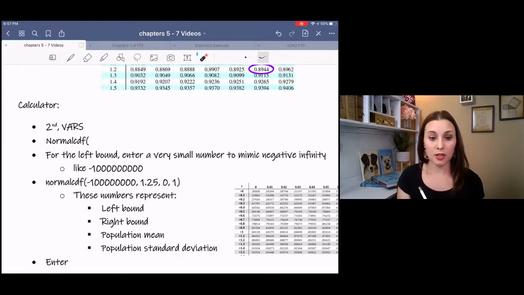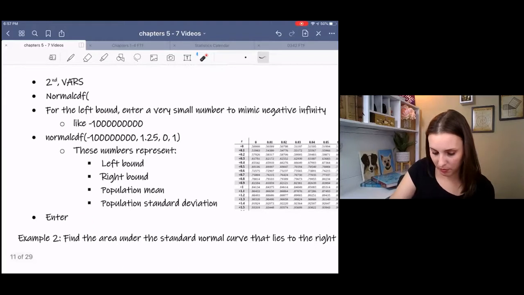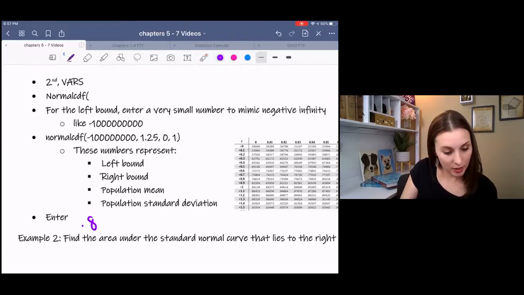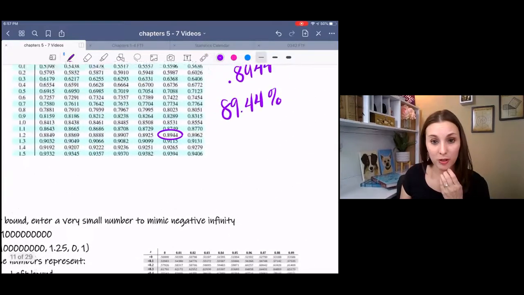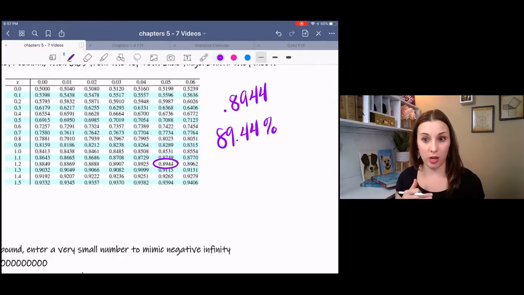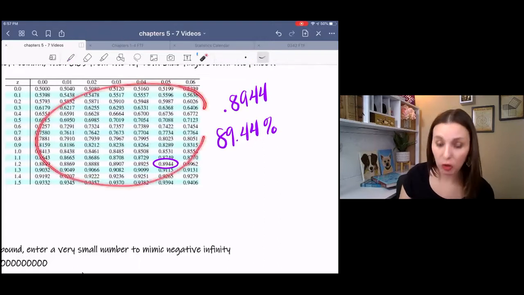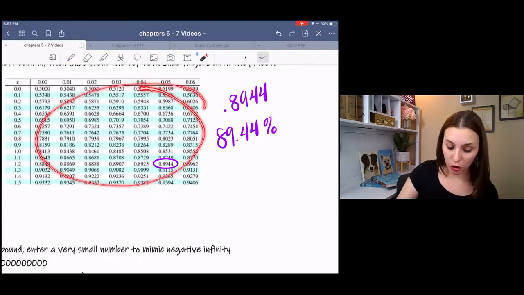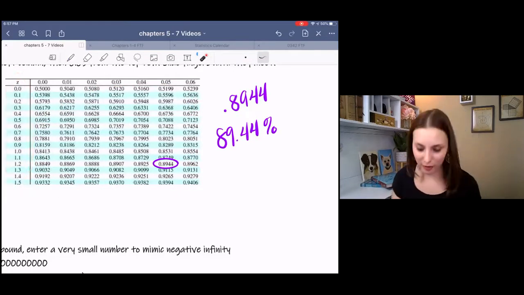Close the parentheses, enter, and we get 0.8944, which if you check with the table, yay, it matches. So that's where that value comes from. It is helping you find the area under the curve with a z-score of 1.25.